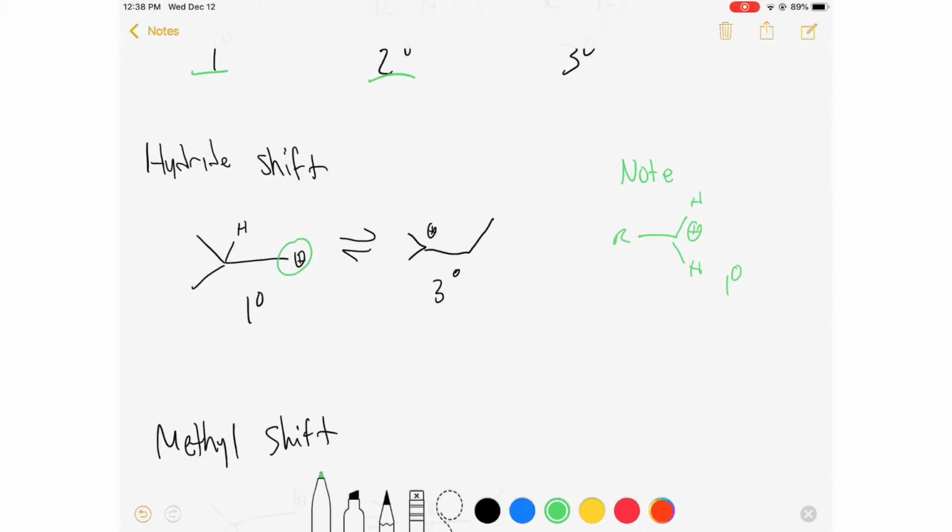It's over here, and as we know, it's primary, which is the least stable. So what could we do to make it more stable? As the name implies in a hydride shift, we'll be using the hydrogen, and we could be moving it to where the carbocation is at. So now, the carbocation is surrounded by 3 carbons, making it tertiary, much more stable.